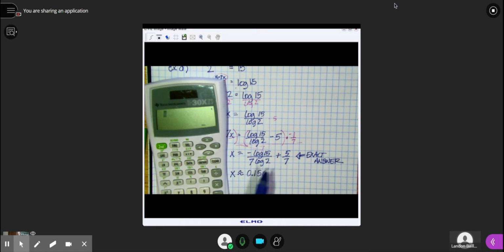Okay, so either one of these should work, right? I should get the same answer with either one. If I'm going to use the exact answer like this, I just need to be very careful to type it in as it appears.